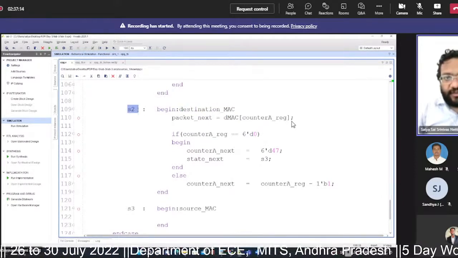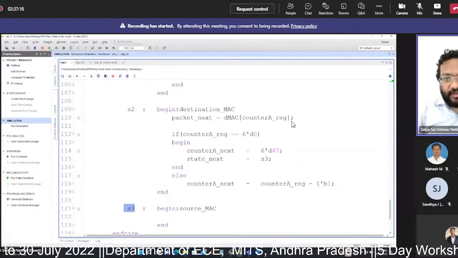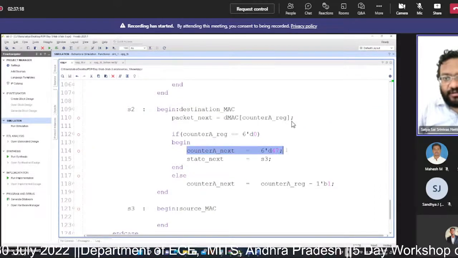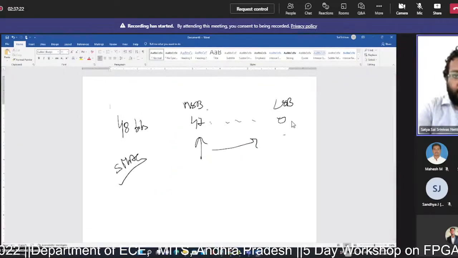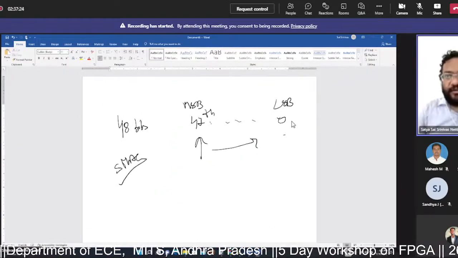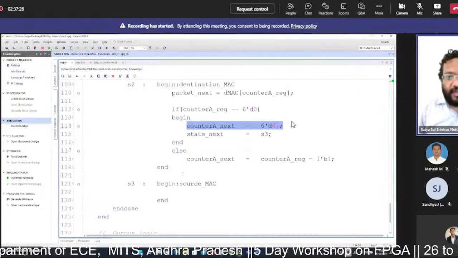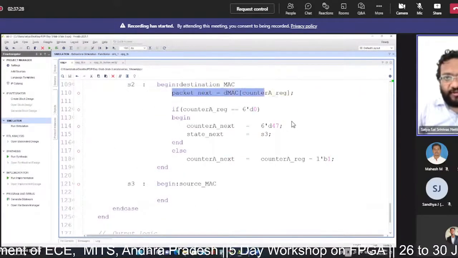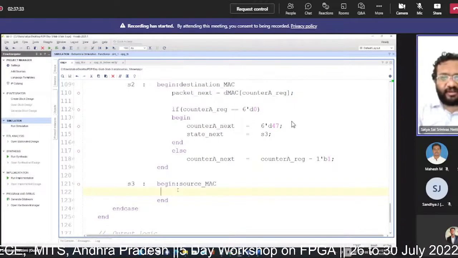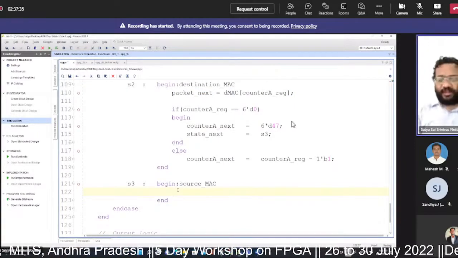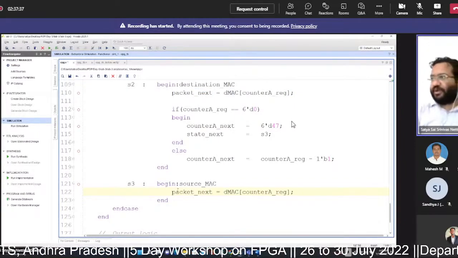So while switching from the S2 state to the S3 state, I'm resetting the counter to an intermediate location, that is 47. That means it points to the 47th bit. So again, the same logic, whatever we have written for the destination MAC, applies to the source MAC address. So get next.